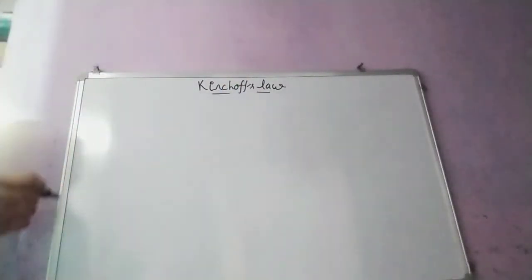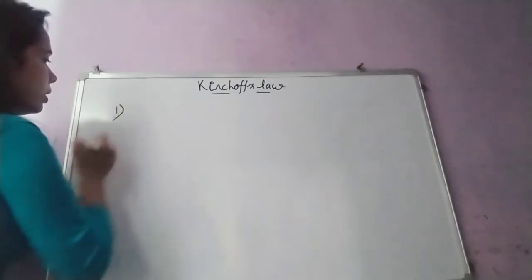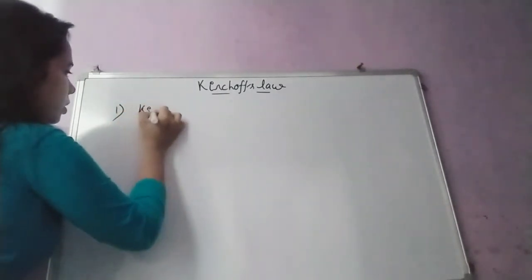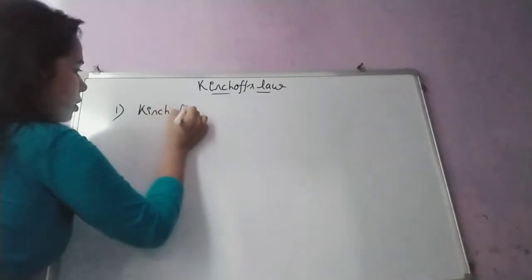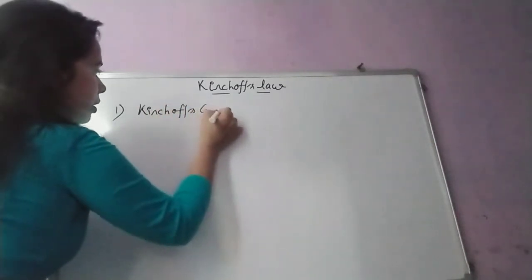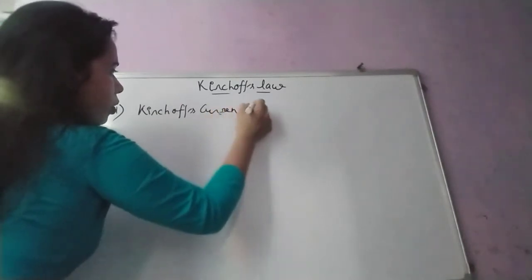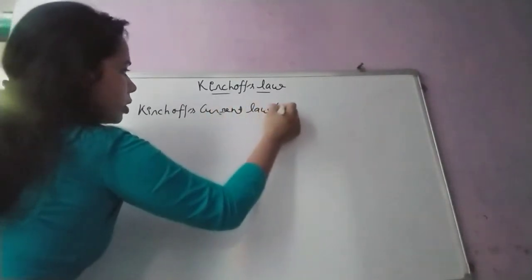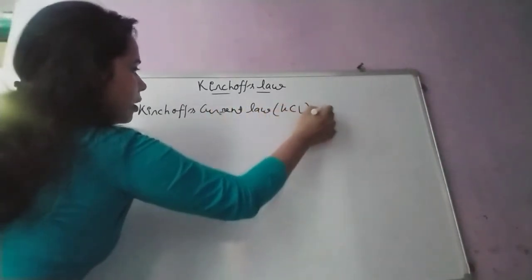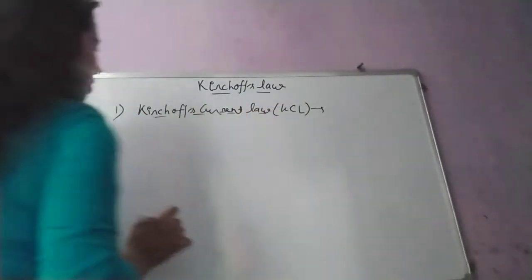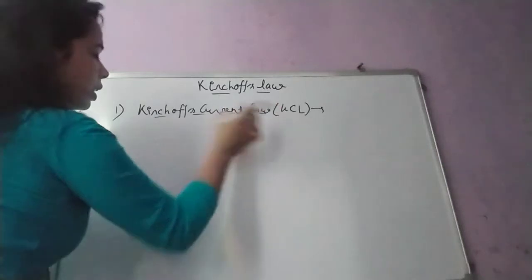Now Kirchhoff has given two laws. The first one is KCL, Kirchhoff's current law. So this is the first one, KCL, Kirchhoff's first law or Kirchhoff's current law.